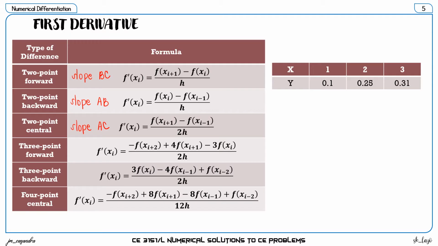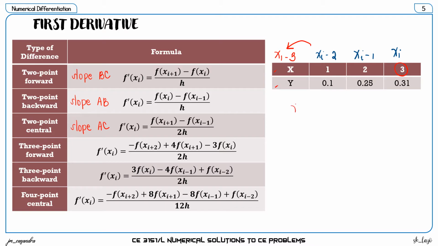So with this given x and y, if we note x sub i as this value, therefore the values before it will be xi minus 1 and xi minus 2. If I have one more value before here, this will become xi minus 3.